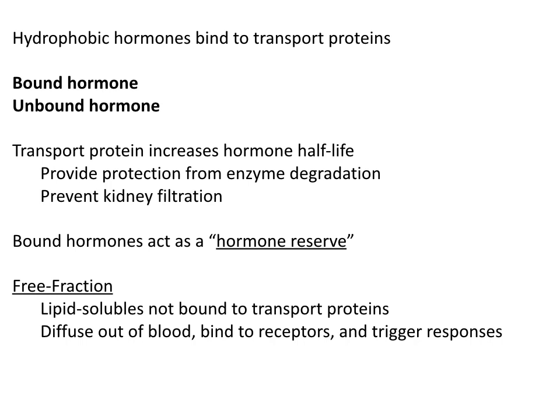Now, there are some benefits to having this transportation method. The transport protein binding actually allows for a longer hormone half-life. A half-life is the time it takes for the concentration of your hormone to drop by half within the blood. So your transport proteins basically allow your hormone to last a lot longer in your blood.